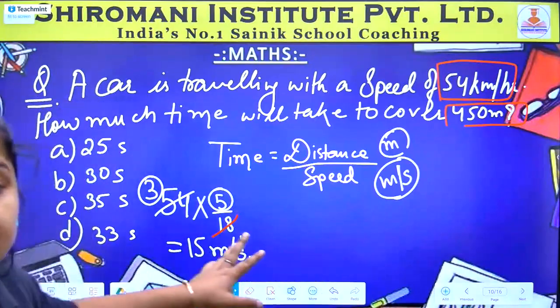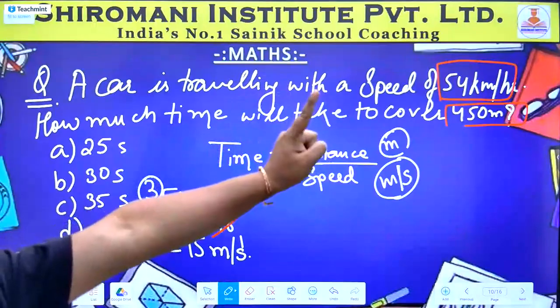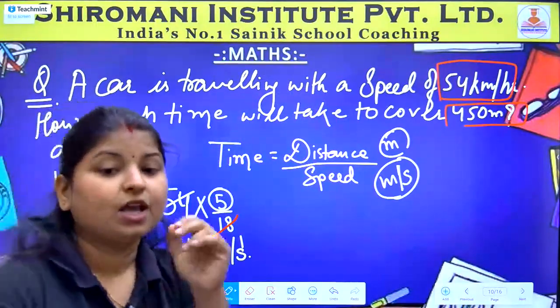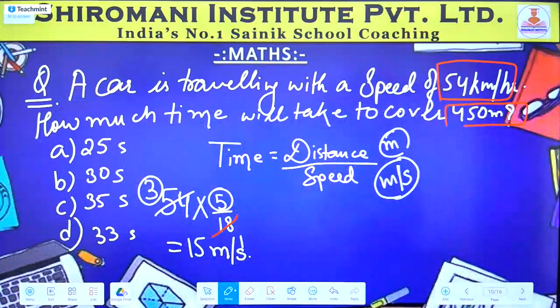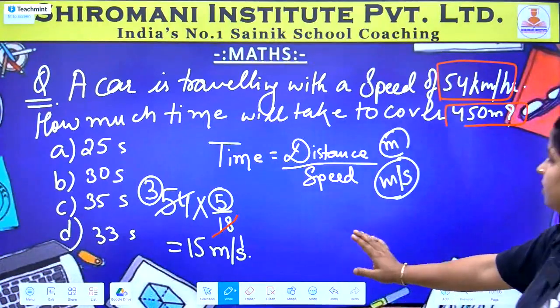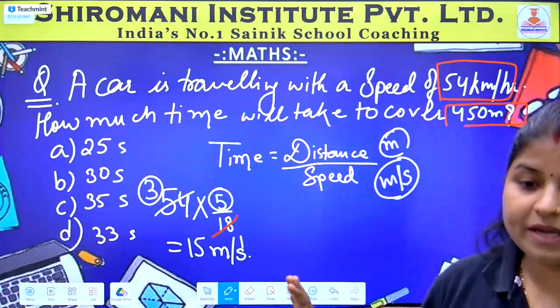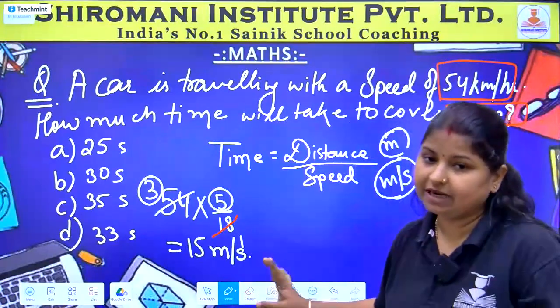In this question, the speed is given in kilometer per hour. First thing you have to do is convert kilometer per hour into meter per second.